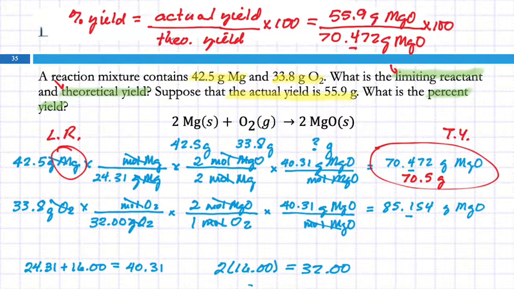So 55.9 divided by 70.472 times 100 is going to give me 79.3%. Any questions?